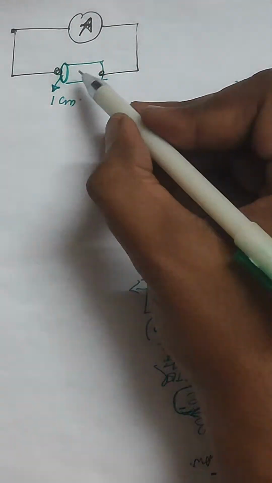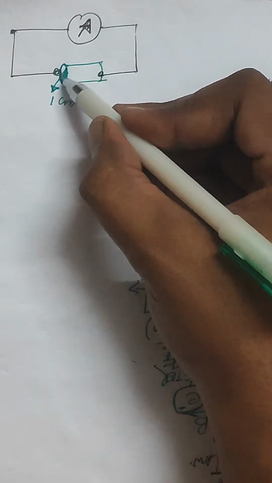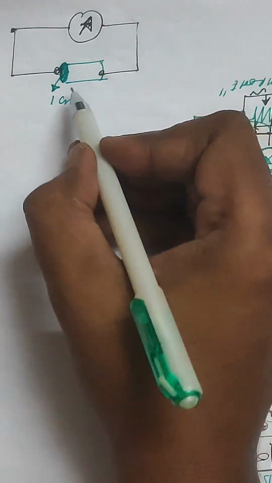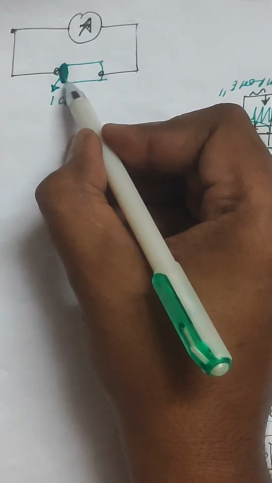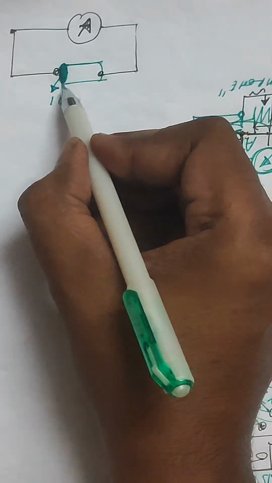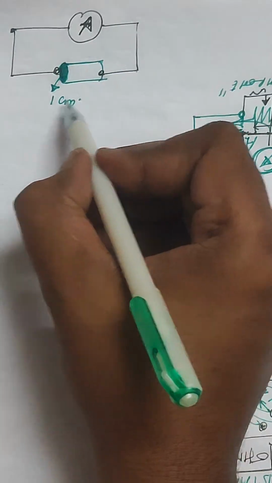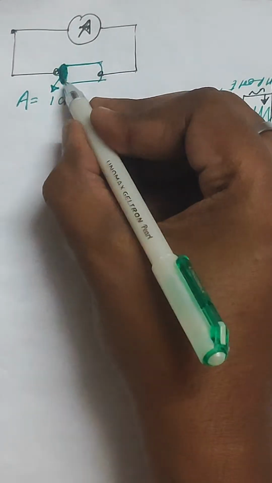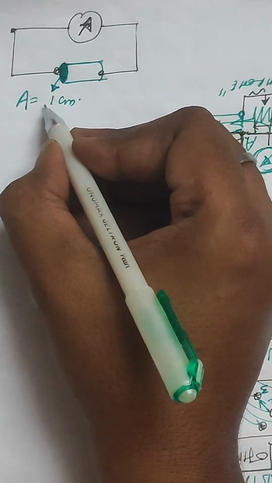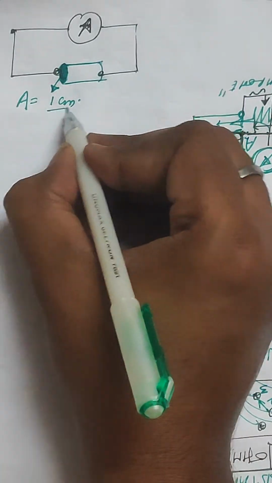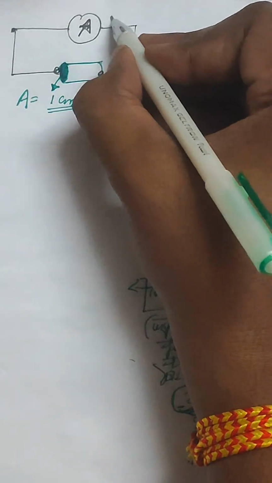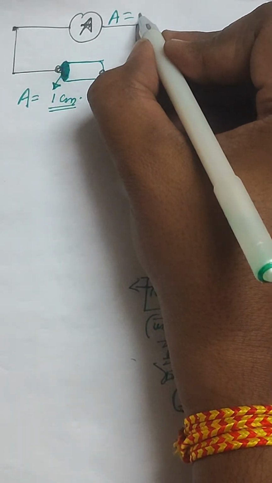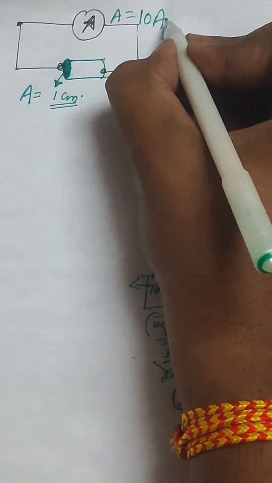This is the cross section, the upper section of the cylinder, so it is just a cylindrical shape. The area of the cross section is pi r square, right? For the cross section of 1 centimeter, let's say the current flowing through the ammeter is 10 ampere, right?